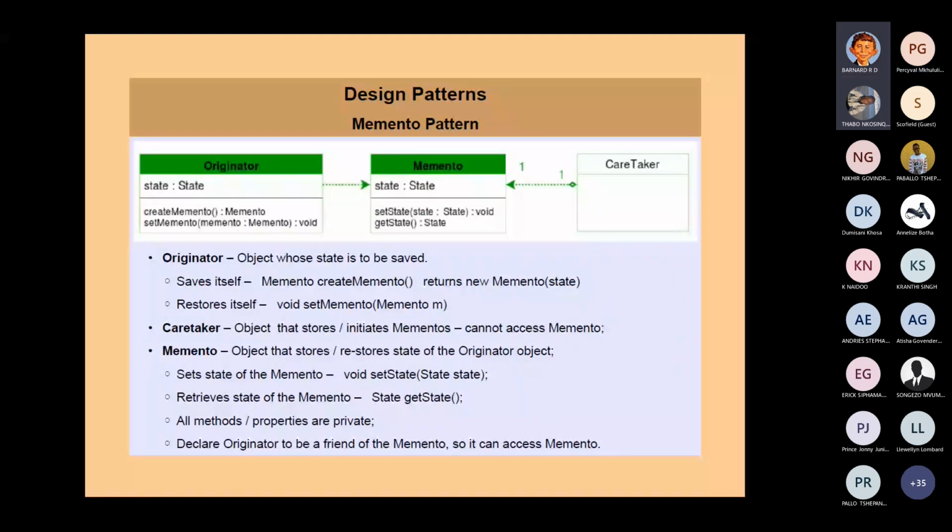And when the caretaker decides it's time to give it back, the caretaker then returns the memento to the originator. The originator then uses the methods from the memento to restore the memento state to the originator state. It's slightly complicated to pick up at first. The best way is to go through an example. You've just got to get used to the chain of commands. But it goes from caretaker to originator to memento. And each of them calls the next one in turn. Okay.